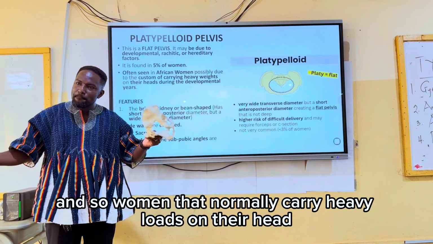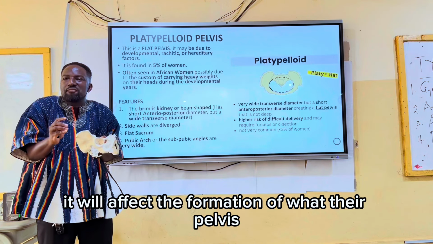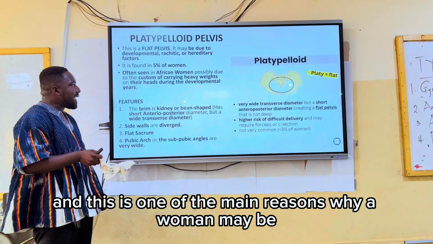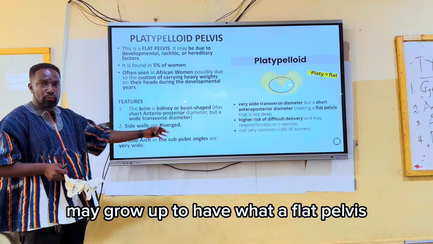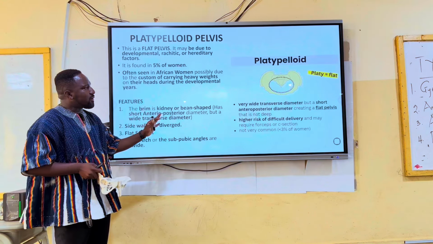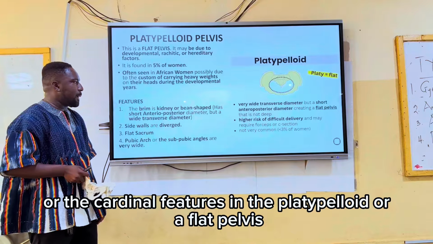So women who normally carry heavy loads on their head, it will affect the formation of their pelvis. And this is one of the main reasons why a woman may grow up to have a flat pelvis. So what are the cardinal features of the platypelloid or flat pelvis?